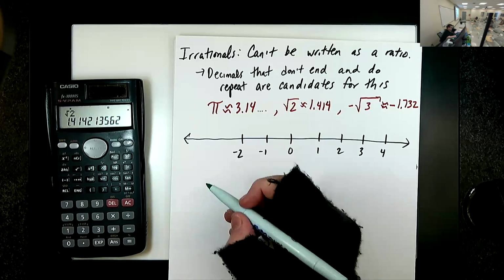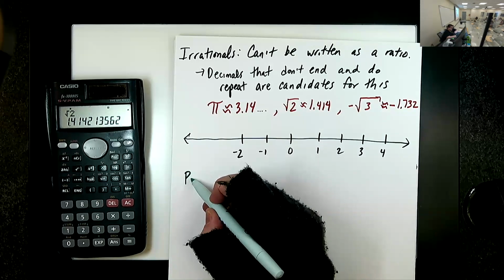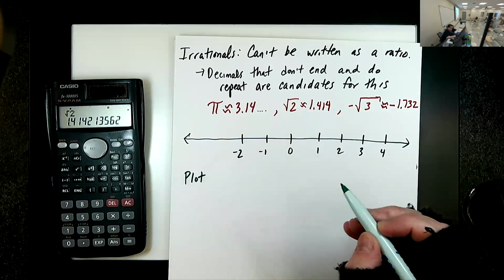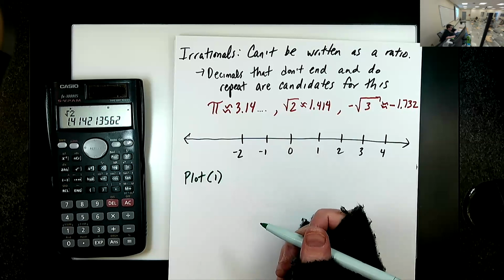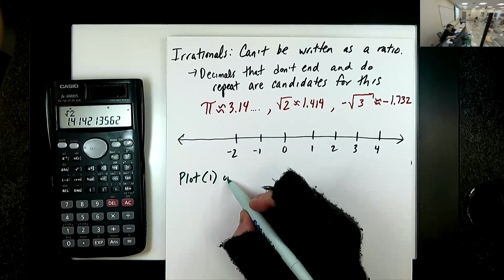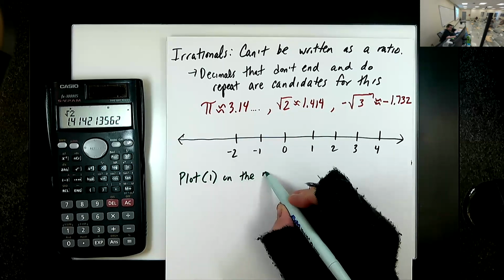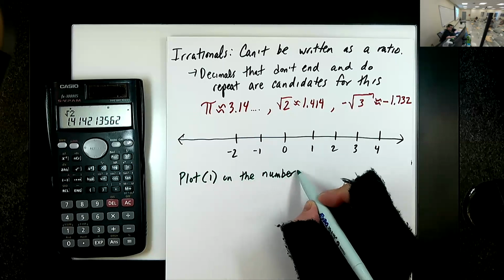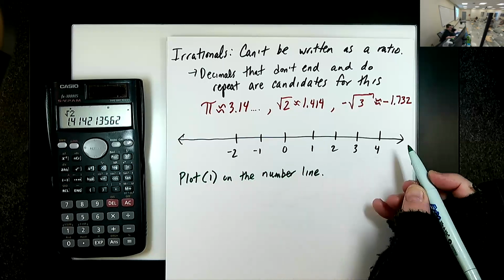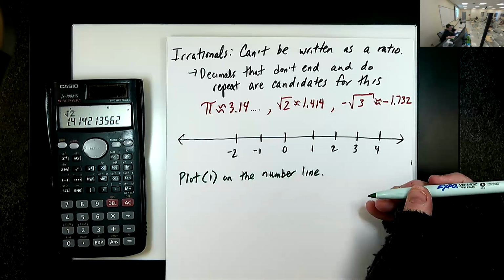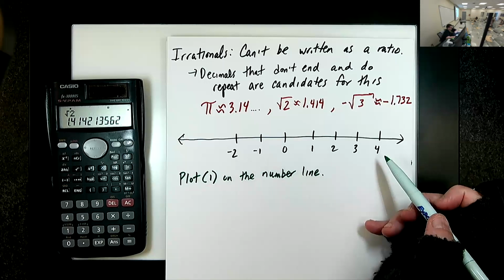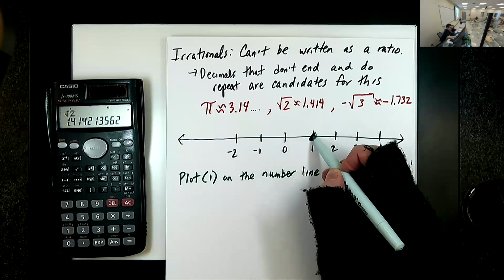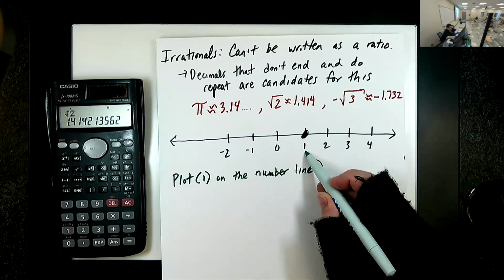When it asks you to plot on a real number line, let's say we plot 1. You find where that number is located and you put a dot. Bam. That's simple.